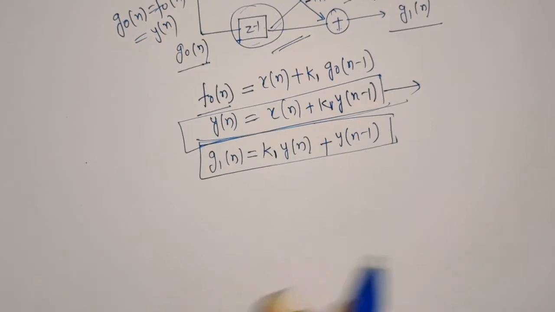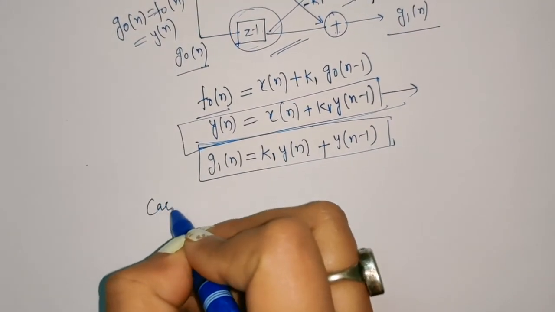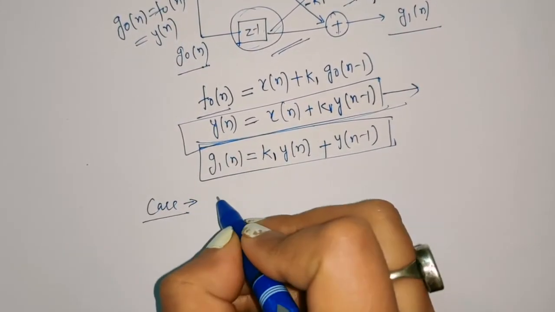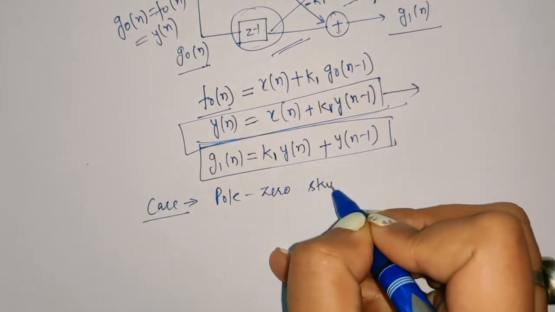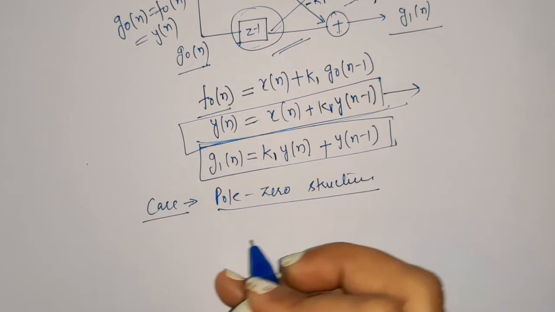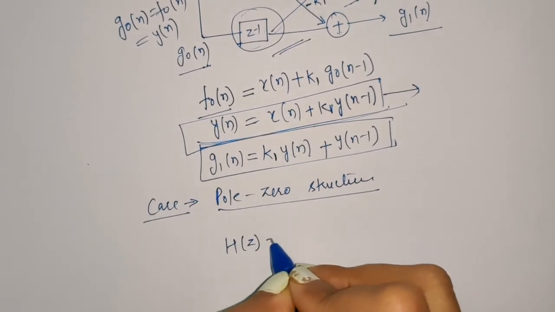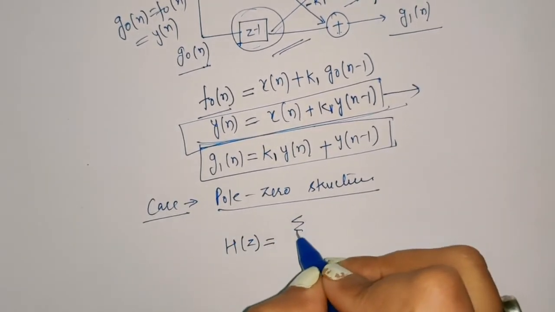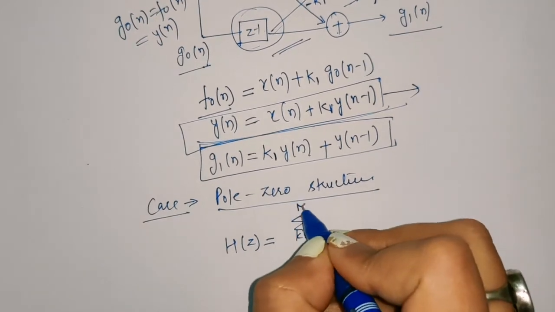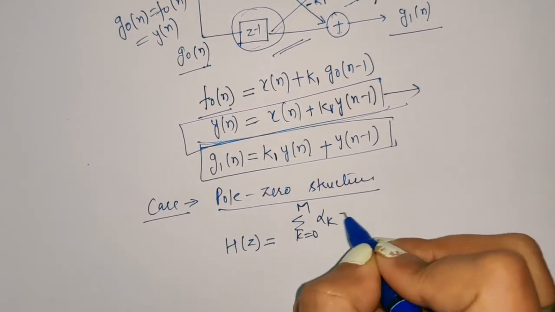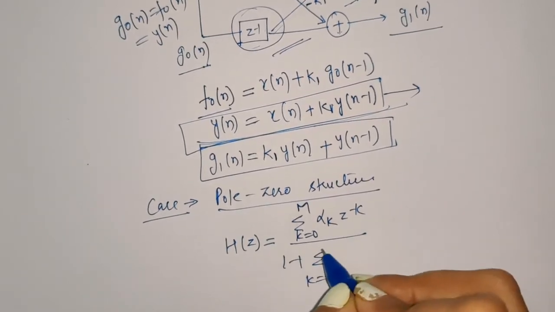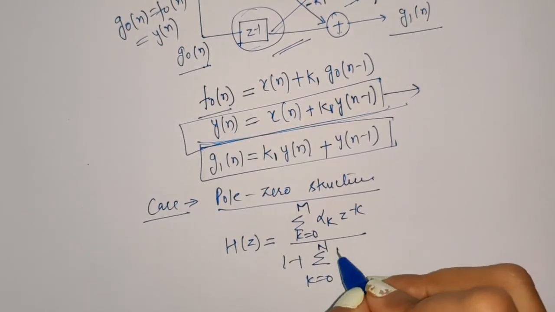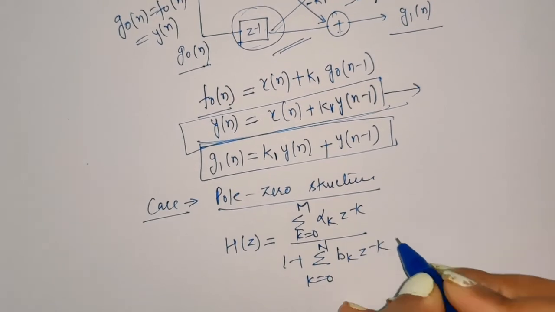Now suppose the second case. In the second case we have a pole zero structure. In the pole zero structure, your transfer function would be like this: Hz is equal to summation k equals 0 to m alpha k z minus k, upon 1 plus summation k equals 0 to n, these are your poles, bk z minus k.